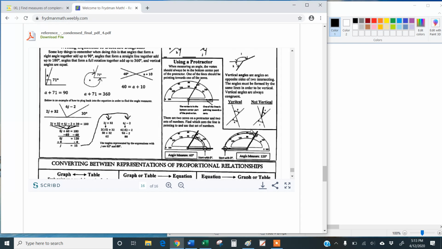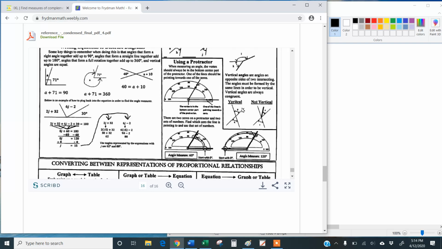And also, vertical angles are on opposite sides of two intersecting lines. I guess that's a typo. I forgot to put the word lines there. Anyway, vertical angles are on opposite sides of two intersecting lines. So for example, angle P here and angle Q are vertical. They're on opposite sides of these two intersecting lines.